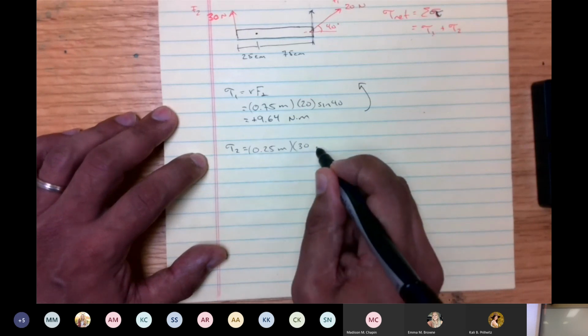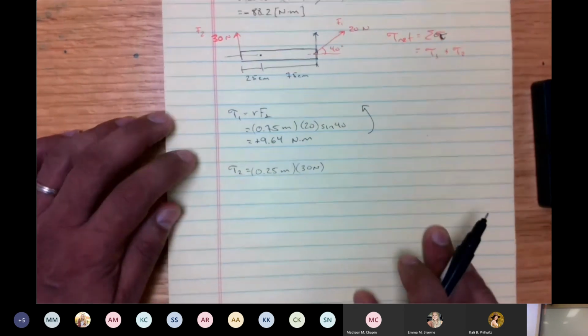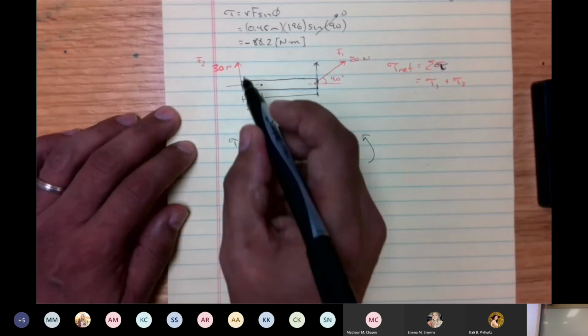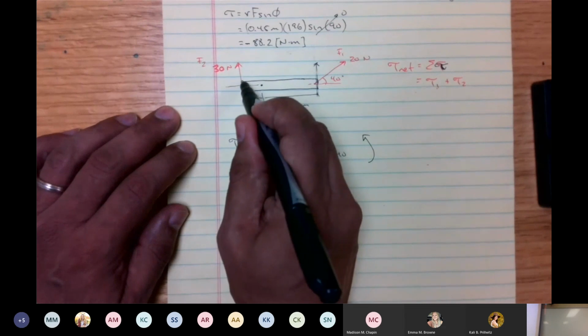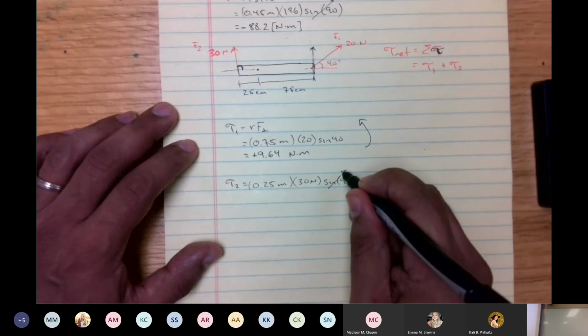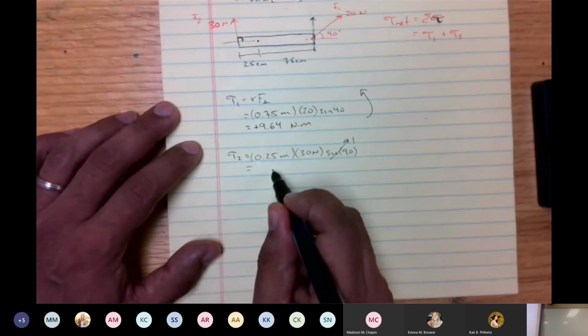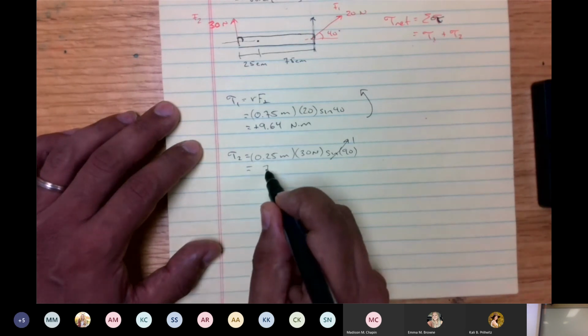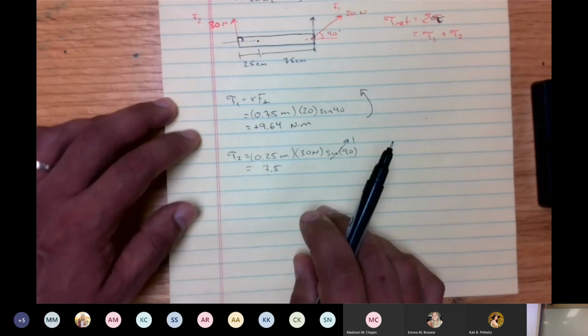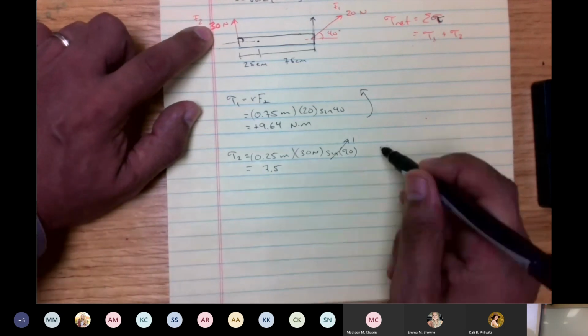And again, the angle that I have is a 90 degree angle, so this will be sine of 90, which is just 1. So this will be what? What do you guys got? 7.5. 7.5? Yes. Now, that force is going to rotate you clockwise, so this is going to be negative.